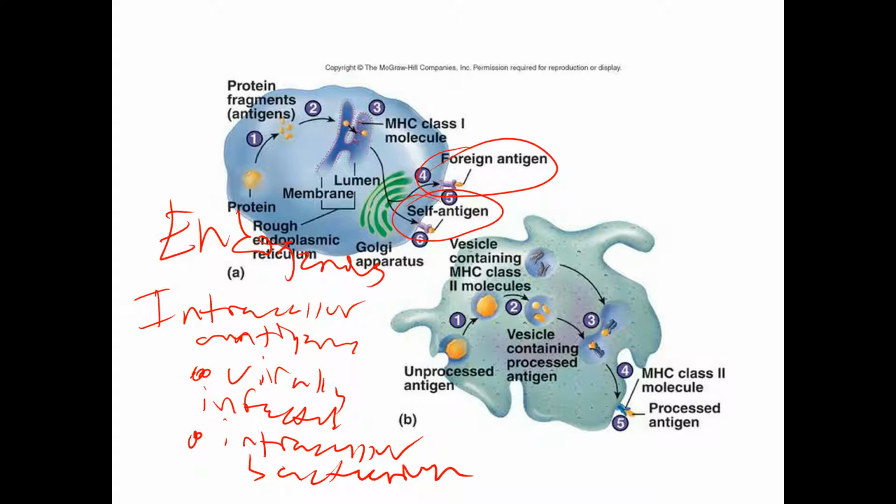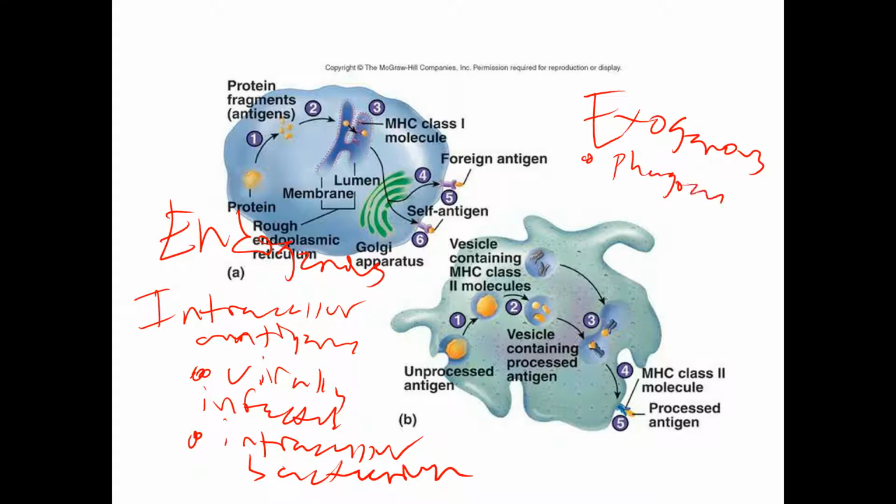Now, your MHC class 2 surface molecules. These antigens are going to be exogenous. So this involves your phagocytic cells.